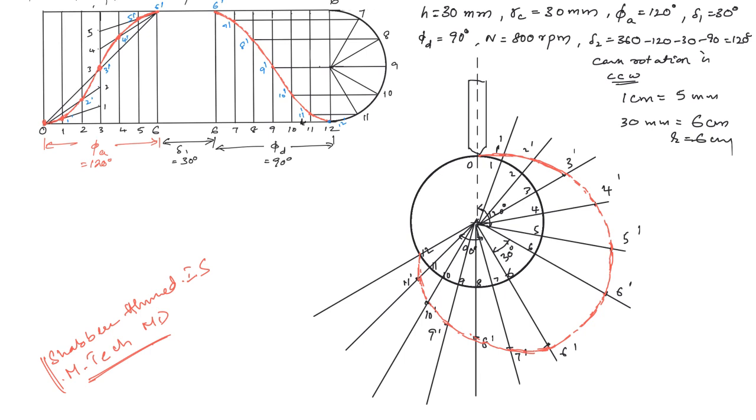So the follower rises with constant acceleration for the first half of the ascent, then for the remaining half of the ascent it rises with constant deceleration, then it returns with a simple harmonic motion. So this red curve which we have drawn is the profile of the cam. So this is how we draw the profile of the given cam.